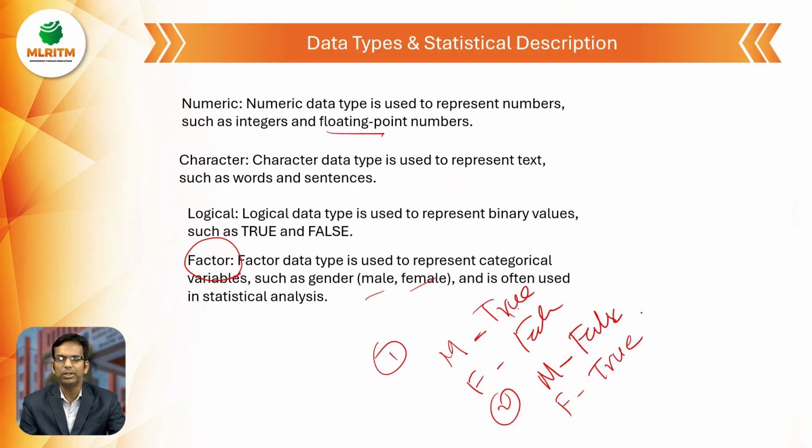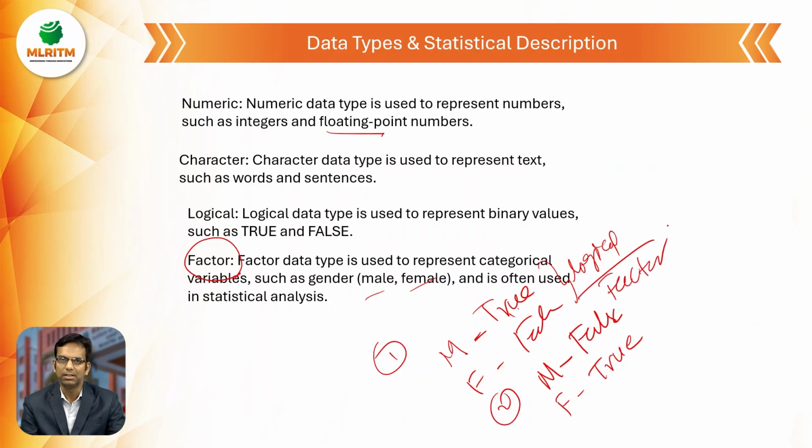So here either we are working with male or we are working with female data. Any one category we have to choose. Whenever we choose one specific category of the data, that is called a logical type of data. This logical type of data is a property of factor.